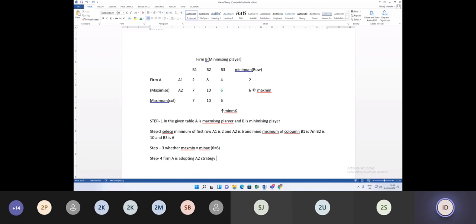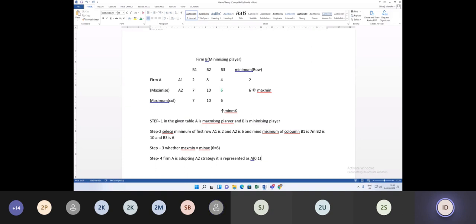Therefore it is represented as A equals 0, 1. The first strategy is 0, but the second strategy is adopted, that is 1. That is second strategy, so the first strategy I am not adopting. That is why I put 0.